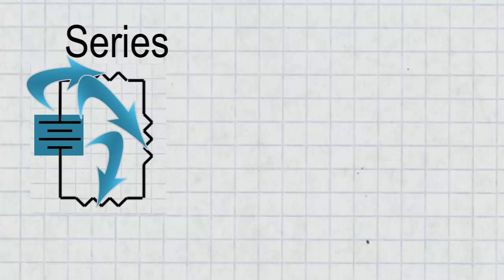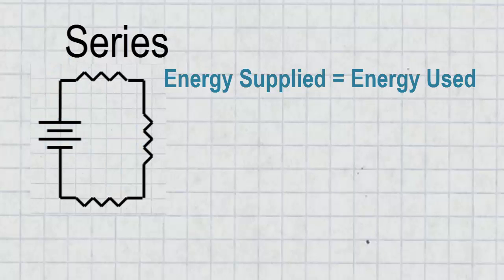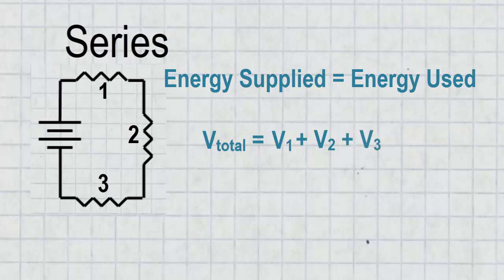Because energy cannot be created or destroyed, the total energy converted by the resistors will be equal to the voltage supplied by the source. This is often written mathematically as total voltage equals the voltage of resistor 1 plus the voltage of resistor 2 plus the voltage of resistor 3, and so on.